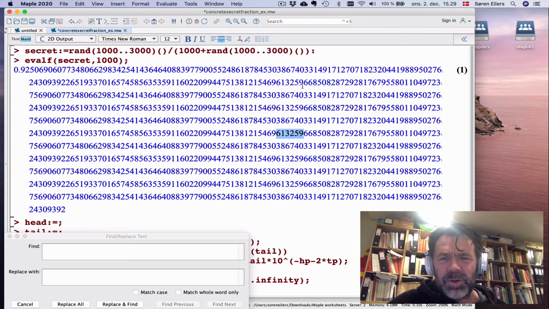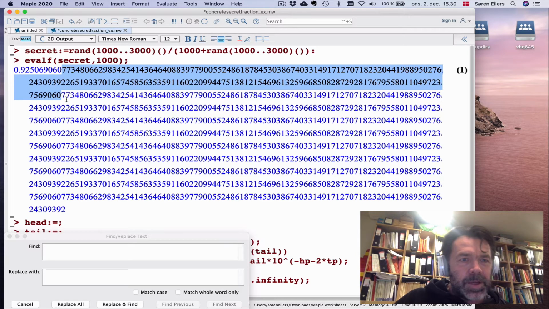Now, I'm a little bit unsure if I have the shortest period. Of course, this might be a repetition, but looking superficially, I don't think that's the case. So I'm assuming now that we have some sort of repetition going on. And where does it start? It's a fairly long repetition that I'm seeing here. I just want to make sure that it doesn't seem to be repeated, but at least it goes on for a long time.